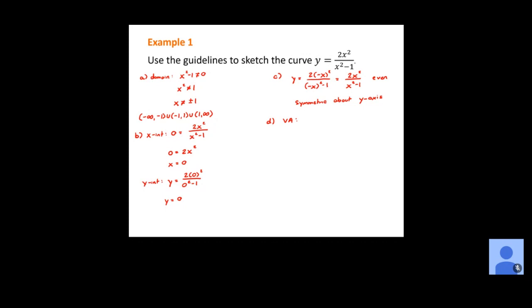Set the denominator equal to 0. Well, technically, when we found the domain, we've already done that. So it's going to be the same as the domain. So this is just going to give us x equals 1 and x equals -1. Without doing any further work, since we know we had those restrictions on the domain, that's where those vertical asymptotes are going to be this time. Any questions on the vertical?